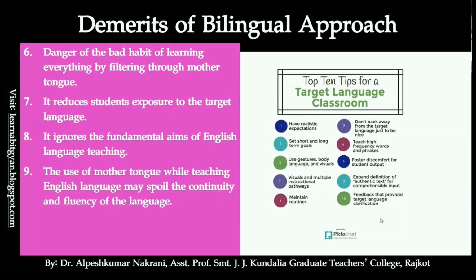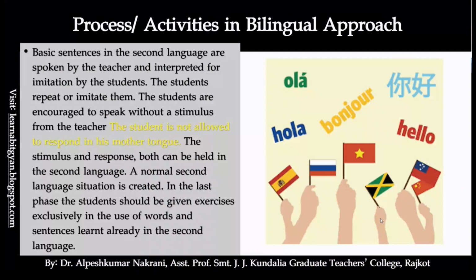Teacher is using the mother tongue while teaching. Now, in between teaching of English and the concepts, mother tongue may come and it may spoil the fluency and continuity in learning, right? So this is the scenario in a classroom or the process in bilingual method.